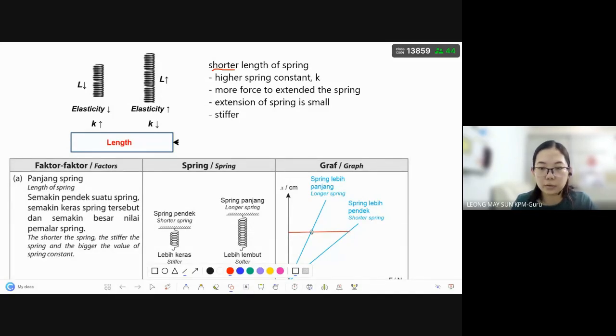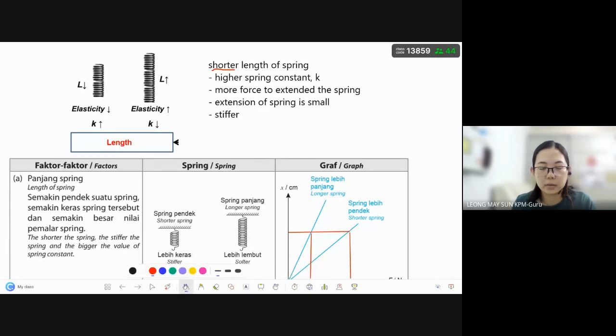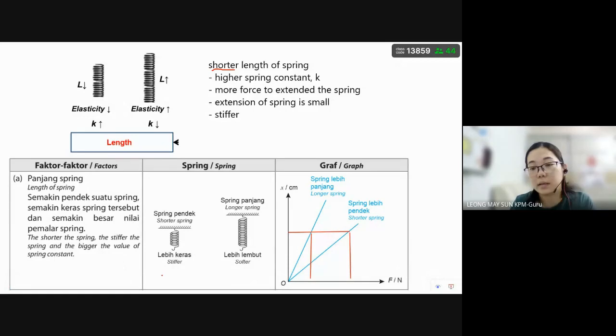And then I will draw the extension downwards. Okay? So this is how I analyze when I'm doing the questions.